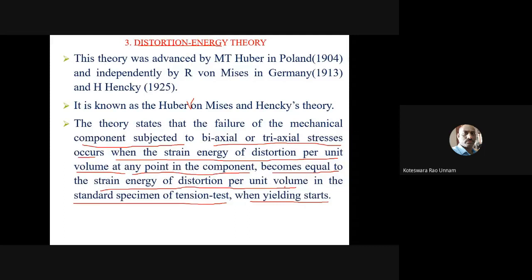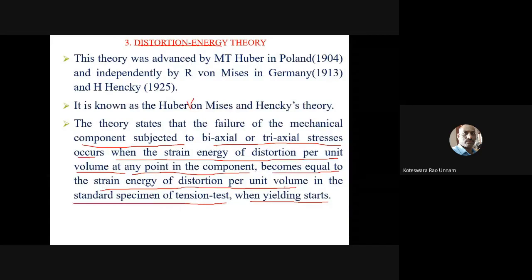Whether you have a biaxial or triaxial state of stress, you need to compute the distortion energy per unit volume. Then you need to compare this distortion strain energy to the distortion strain energy of a standard specimen of tension test at the yield point.